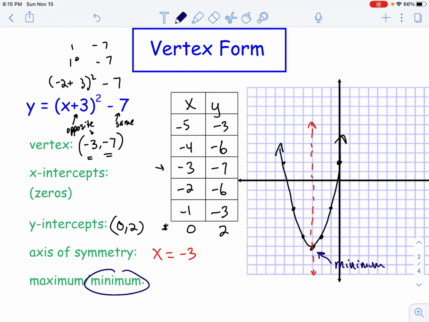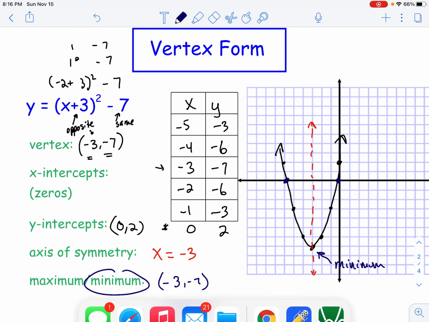And that minimum is at negative 3, negative 7. Or, like we said, it's just y equals negative 7. Either way you write it is fine. Typically, you'll see it the second way. Okay, well, let's figure out where these x-intercepts are, and we'll probably end up getting an approximate x-intercept, but we'll see. Maybe we'll be able to get a nice decimal.